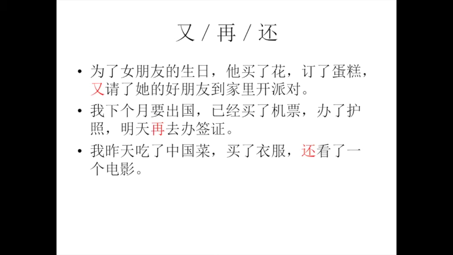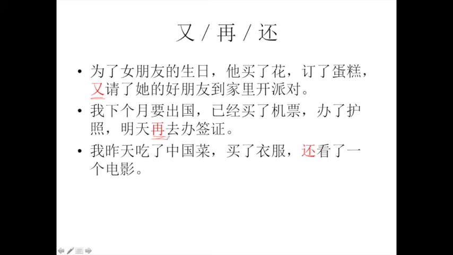Can you tell when to use 又、在 and 还? The distinction between 又 and 在 is fairly easy. It depends on whether the added action has occurred or not, as previously mentioned. If it has, we use 又. If not, we use 在.